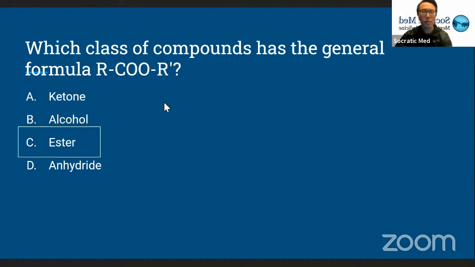You have an R group connected to the carbon, and there are two oxygens connected to this carbon. One of them has to be a double bond in order to have four bonds to the carbon, and then the R group has to be attached to the single bonded oxygen. So this is the general structure of an ester group.